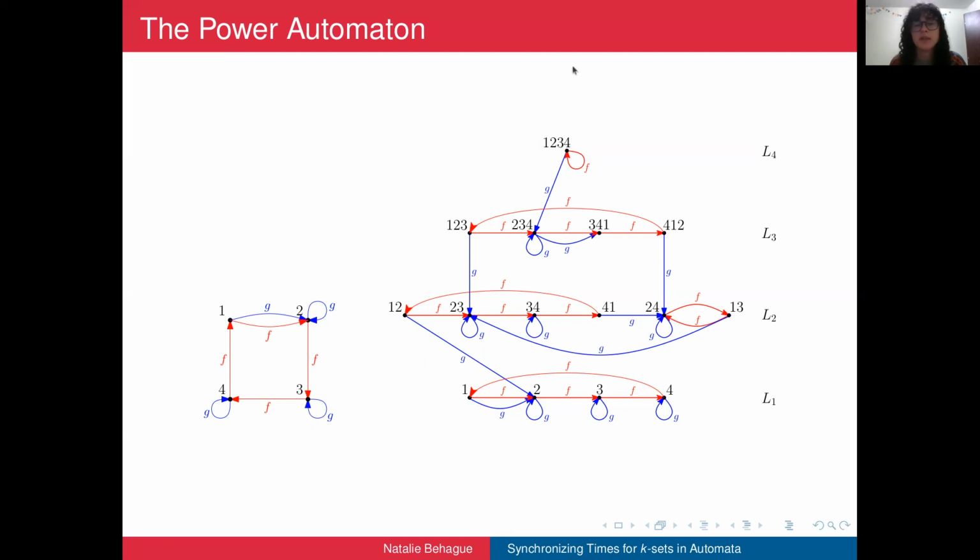In this picture, it's a lot easier to see that GFFFGFFFG is a reset word. If you just follow those labels, GFFFG, FFFG, you'll see that takes you from 1, 2, 3, 4 down to the state 2. So it's much easier to see in this picture that applying that word takes every state to the state 2.